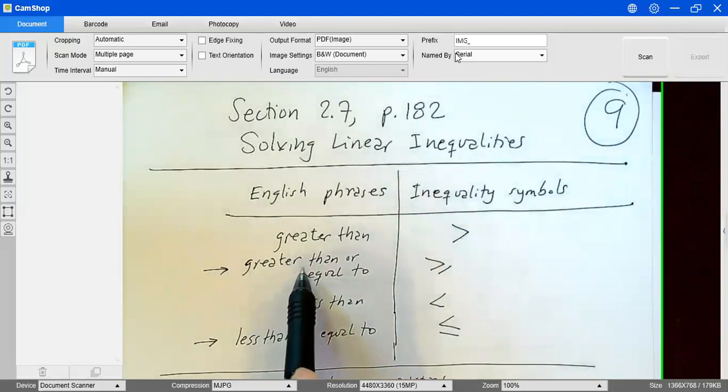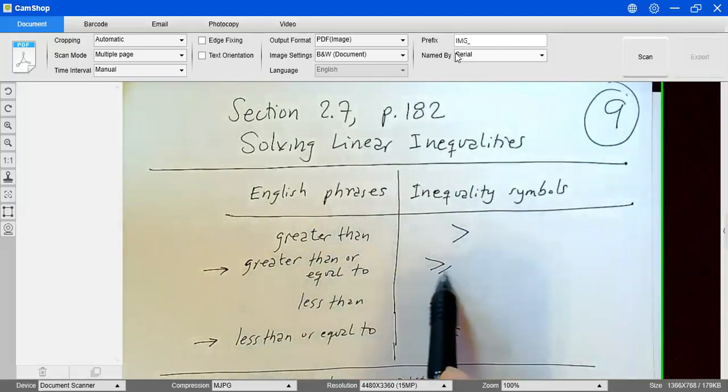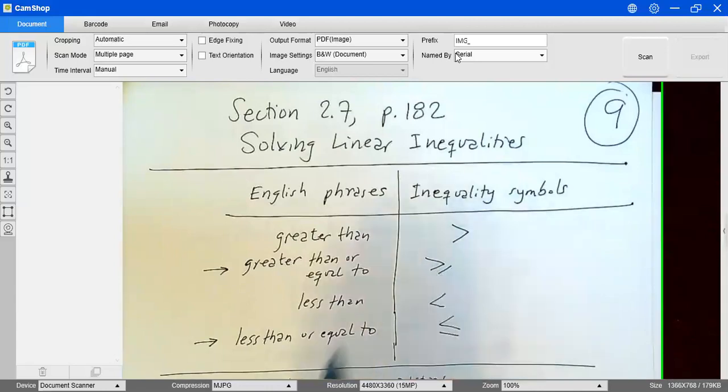If in addition to saying greater than, there is also the or equal to, so greater than or equal to, then you need to use this symbol, and this little line here is the equal sign embedded into the inequality symbol. And you can have the opposite, which is less than. Then you use this symbol. This is the symbol for less than. Or if you have less than or equal to, then you embed the equal sign into the inequality symbol.